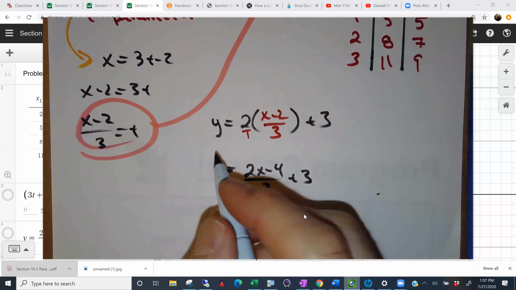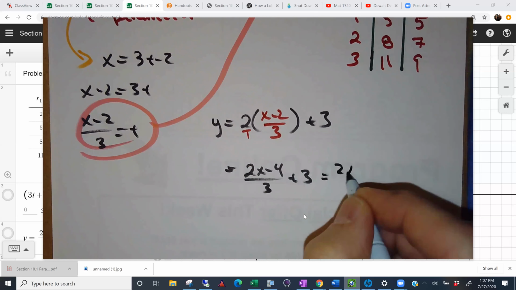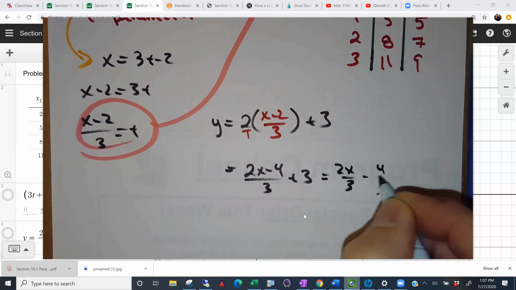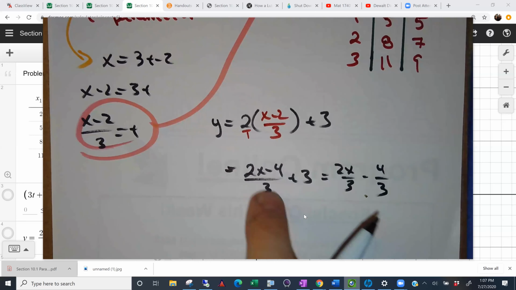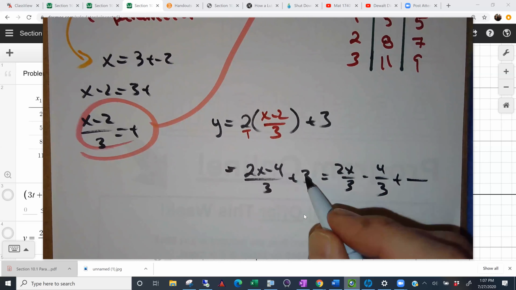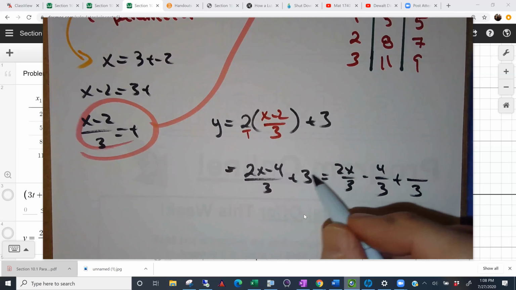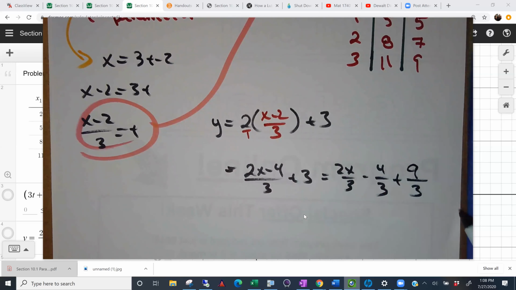And that's fine. You can leave it like this as far as Desmos is concerned. Something about it, though, cries out to me for a little bit more help. If I divide both terms in the numerator by that term in the denominator, we're good there. And then I need to add 3. But instead of just adding 3, let me think of this as being not 3, but how about 9 over 3?